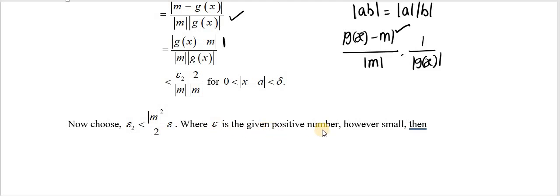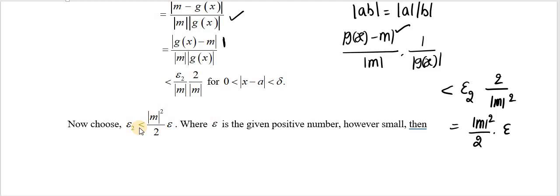Where epsilon is a given positive number, however small, substitute epsilon 2 value here. Observe, here we have epsilon 2 by mod m into mod m is mod m square. If I choose epsilon 2 as mod m square by 2 into epsilon, this one as it is.